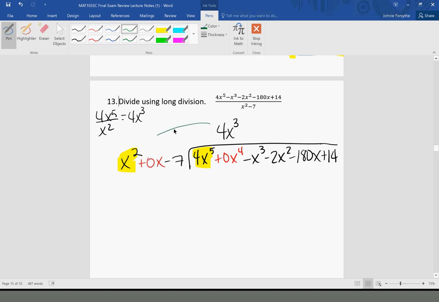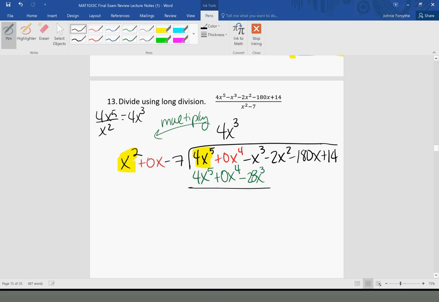Then you multiply. 4x to the 3rd times x squared is 4x to the 5th. You always want to get the same term first because you want those to cancel out. 4x to the 3rd times 0x is 0x to the 4th. And then 4x to the 3rd times negative 7 is negative 28x to the 3rd.